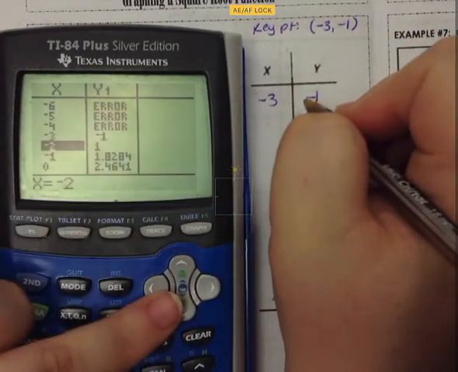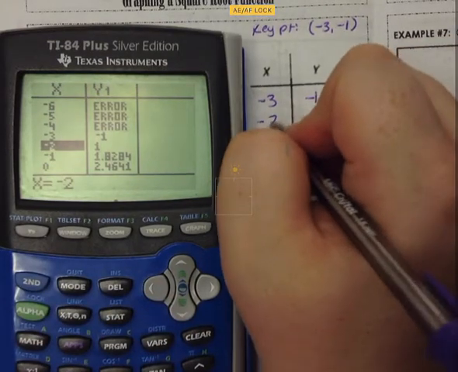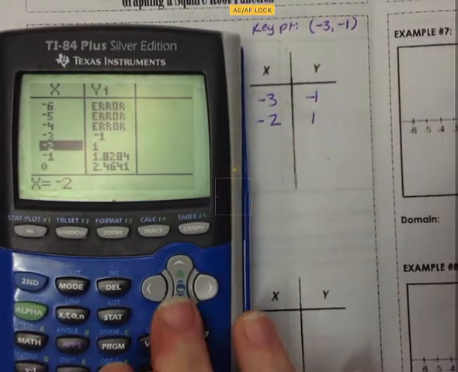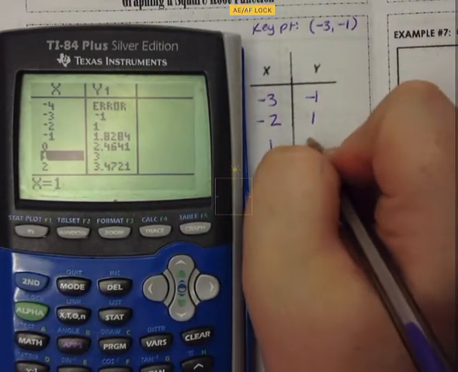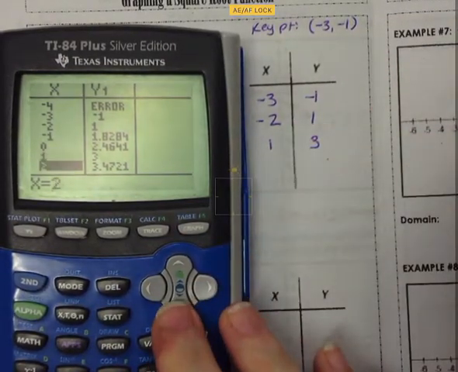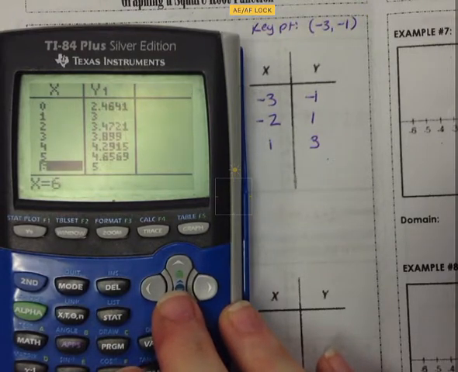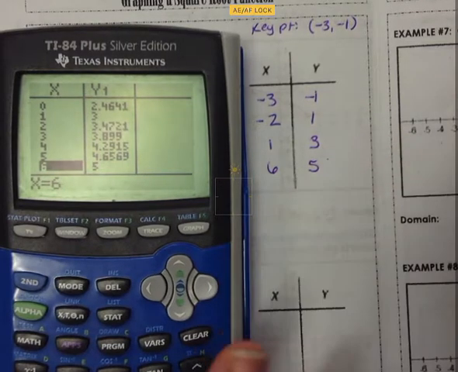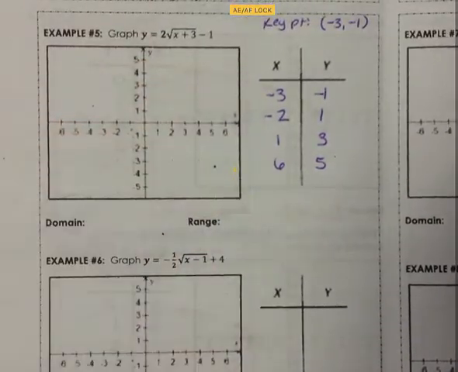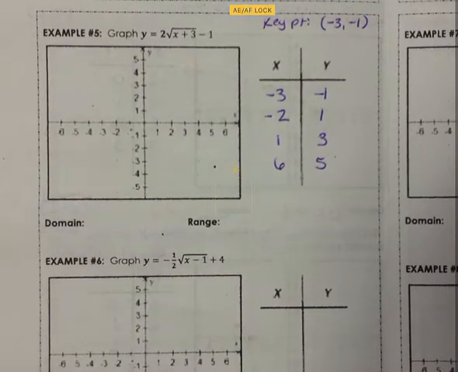Negative 2, 1 is the next one. Then let's get some good ones. We have 1, 3 is a good one. Keep going, see if there's any more. We have 6, 5 is a good one. And that's probably going to be all that we can graph because the other ones are probably going to be too big for this graph. But if you have a bigger graph, you can definitely graph more.